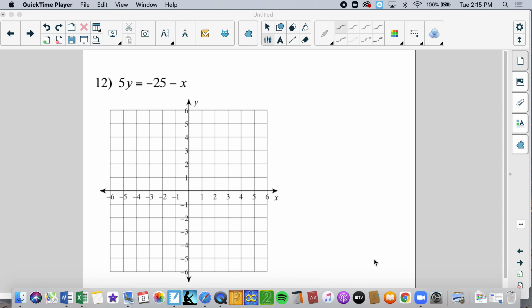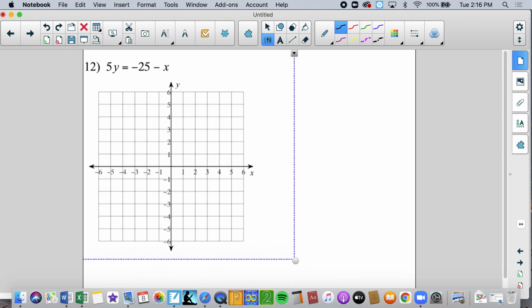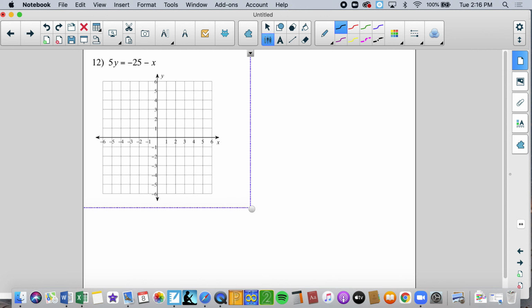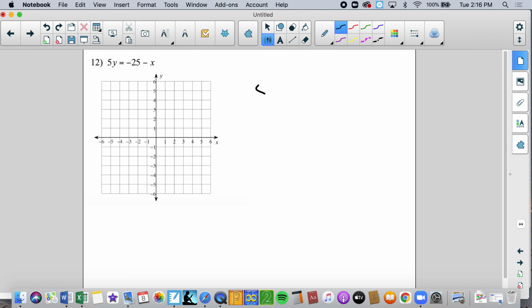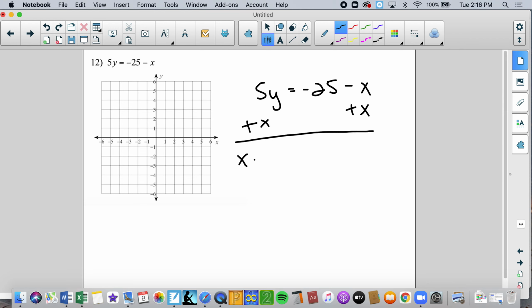So let's make this a little bit smaller, just to make it easier to write. We have 5y equals -25 minus x. Let's move that variable over because we want our x and y on the same side. Our constants a, b, and c are all integers, and a is positive, so we're okay.